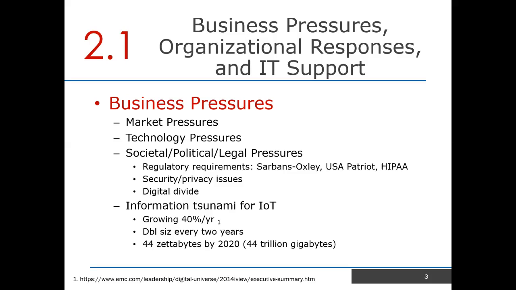A relatively new term called the Internet of Everything, or IoT, identifies the massive increase in the use of sensors and smart devices that pump ever increasing amounts of data into play. By some accounts, the size of the data created is growing by 40% per year.